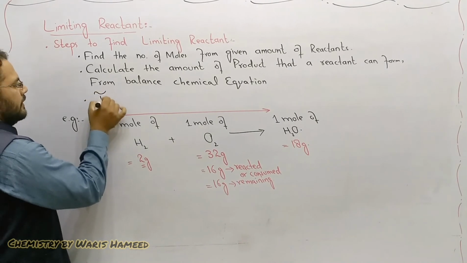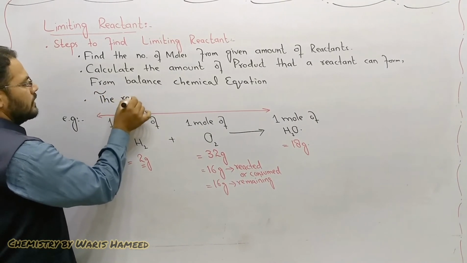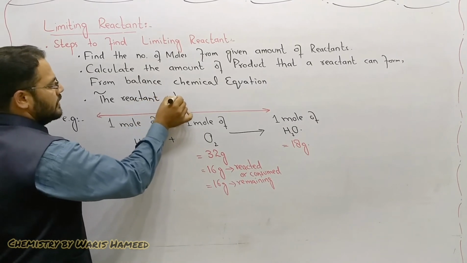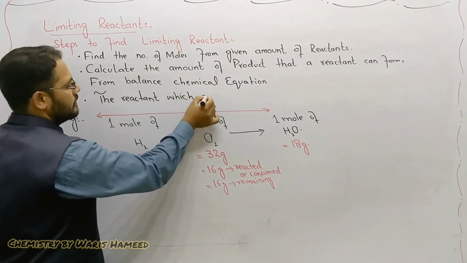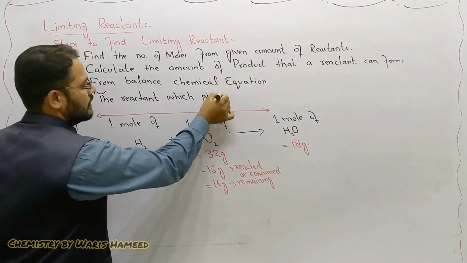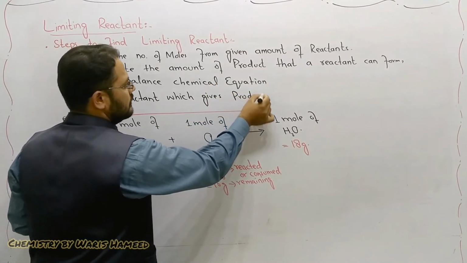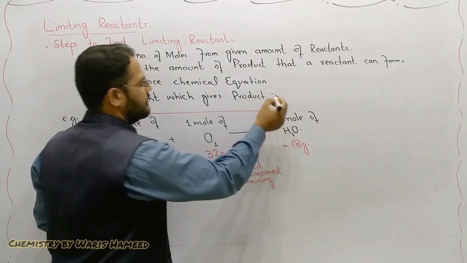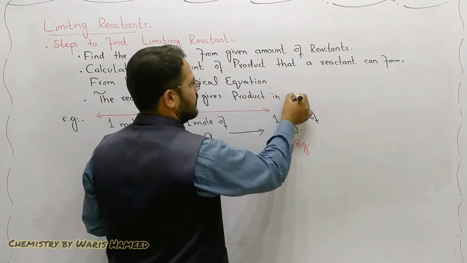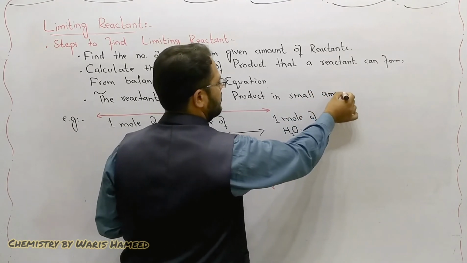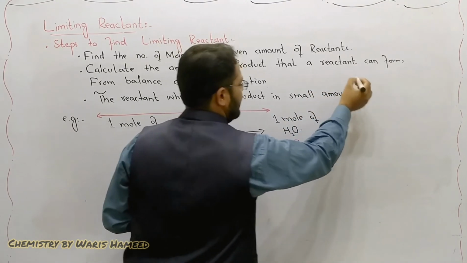The reactant which gives product in lesser or small amount is the limiting reactant.